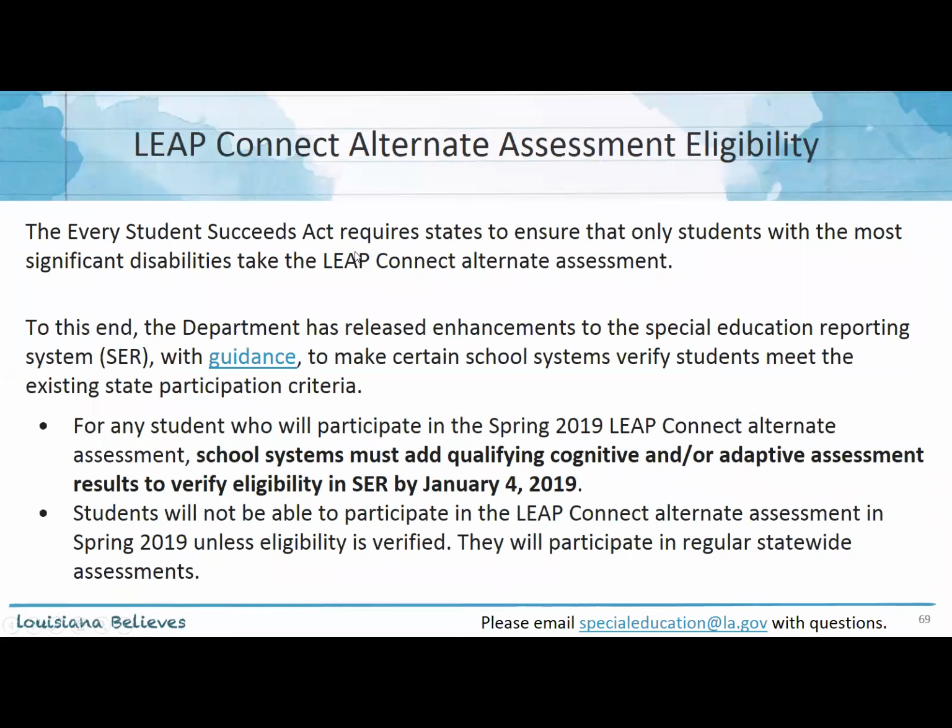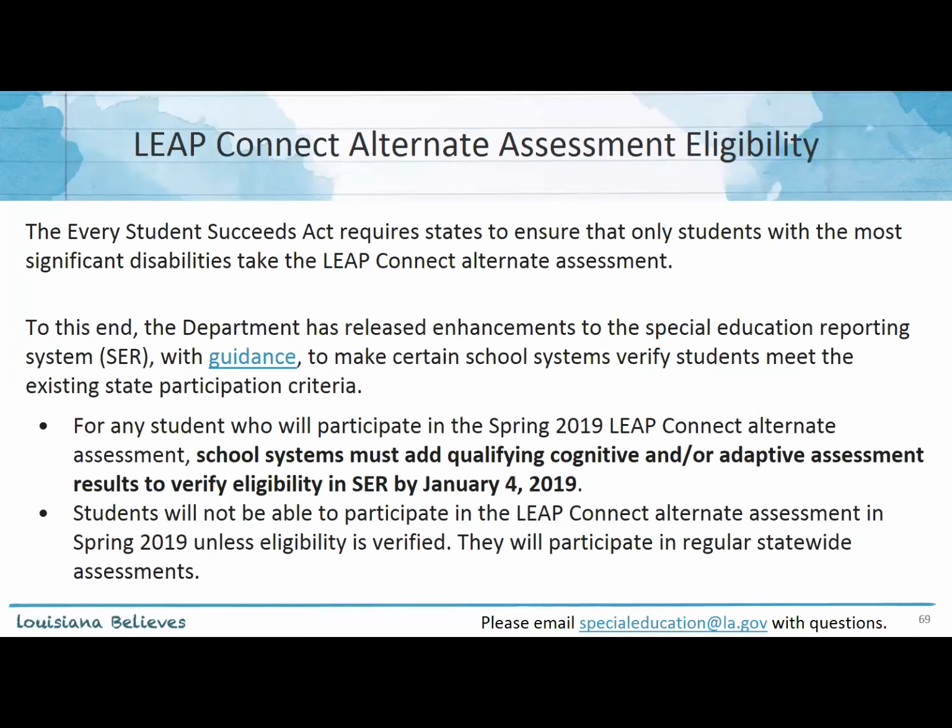Also, as a reminder, ESSA requires states to ensure that only students with the most significant disabilities take LEAP Connect. The department has released enhancements to STIR with guidance to help school systems verify that their students meet the criteria. For any student that will participate this year in the LEAP Connect assessment, the school system must add qualifying cognitive and/or adaptive assessment results to verify eligibility by January 4th.